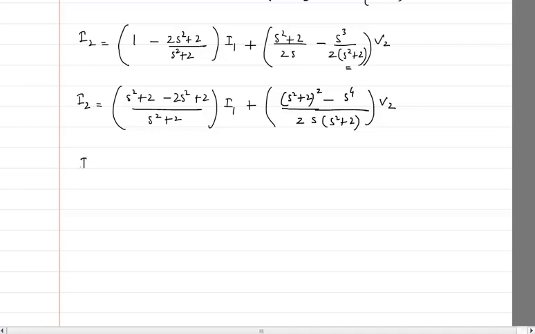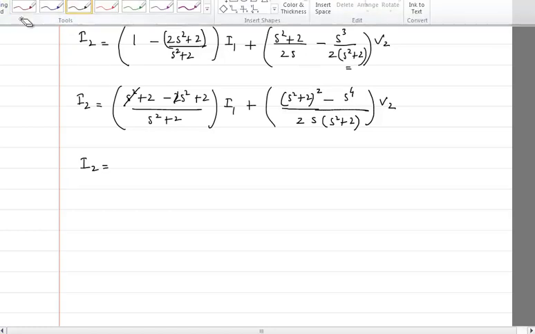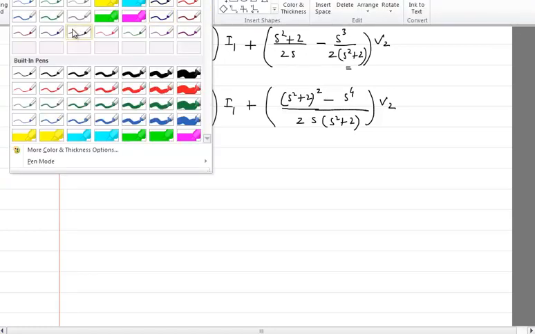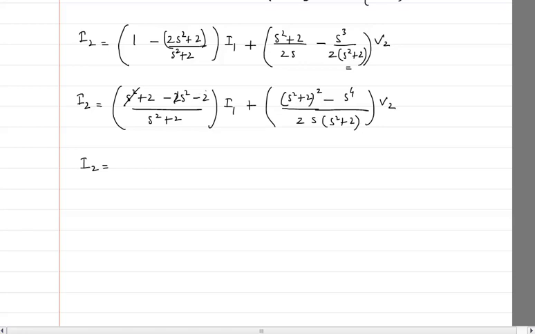Now from here I can write I2 is equal to, so 1 s square and this one will get cancelled, one of the values of s square will get cancelled. This was within bracket, so this is minus, correct? So minus 2, and this plus 2 will get cancelled, so I will get minus s square by s square plus 2 into I1 plus, here if I am going to expand this, I will write it here directly so that I don't waste any more.